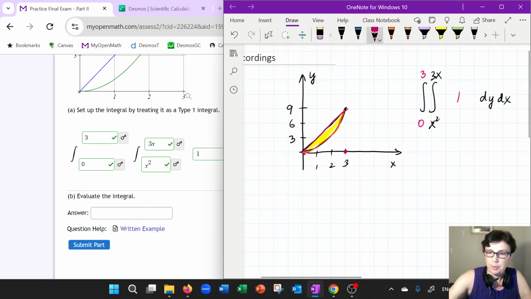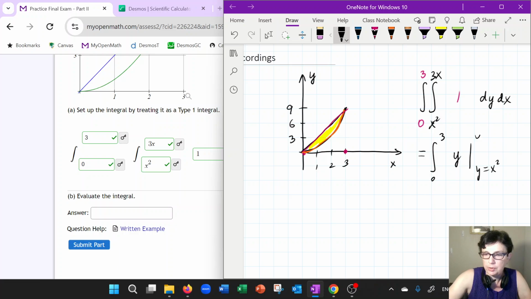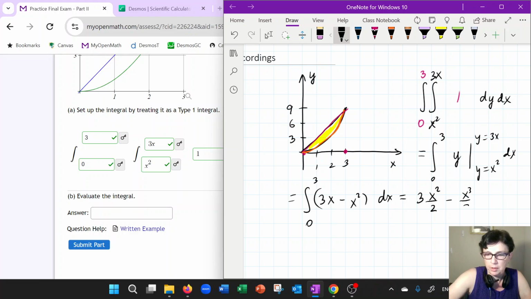That's very, very simple. So this is just going to be regular integration. This is not a splittable integral. So we just integrate with respect to y, and integrating 1 is just going to be y. And we substitute y equals x squared, y equals 3x. So substituting 3x first, we get 3x, subtract x squared, and integrating that with respect to x becomes 3x squared divided by 2 minus x cubed divided by 3.